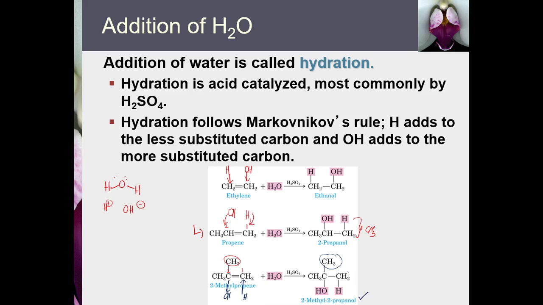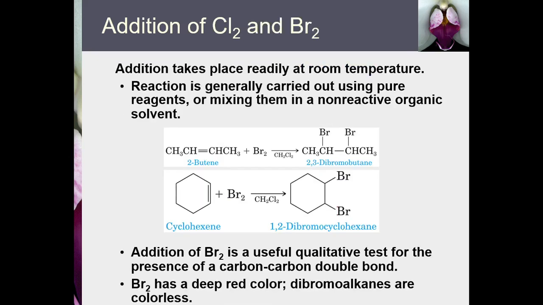So in hydration reaction, your water, the H2O, will split into H and then OH. The H will attach to the carbon where there are more hydrogens, and the OH will attach to the carbon where there are fewer hydrogens. And this is again following the Markovnikov rule. So that's it. That's your hydration reaction.